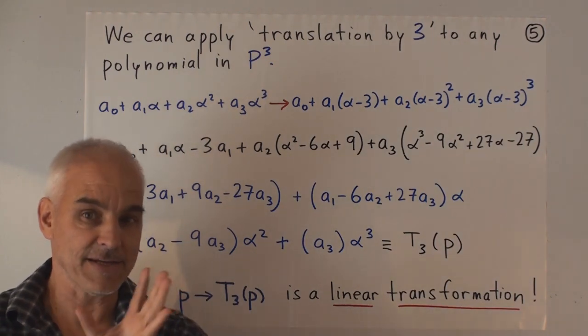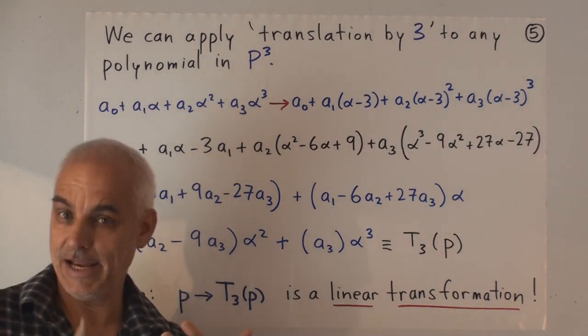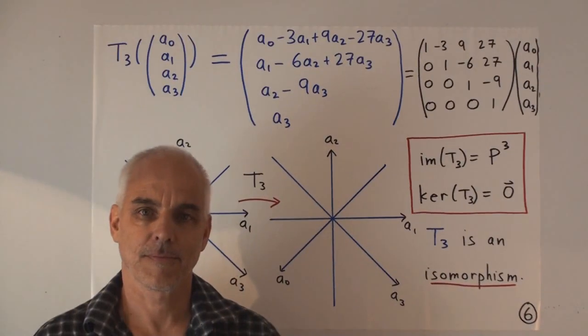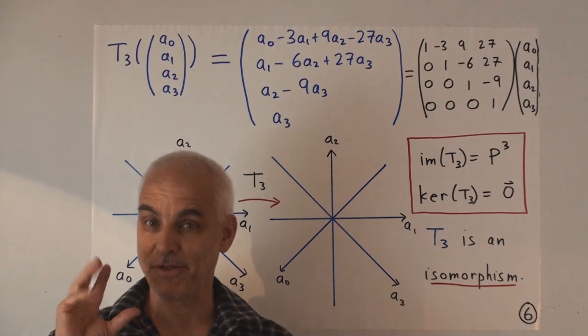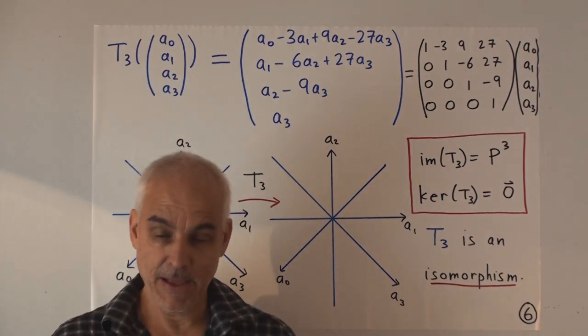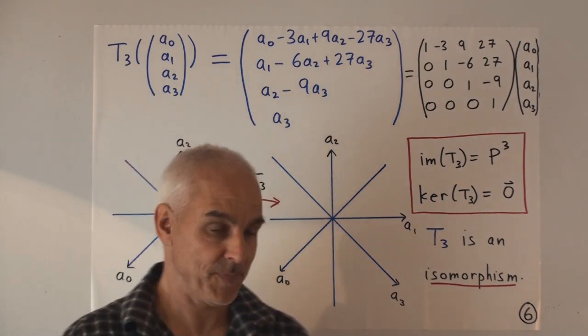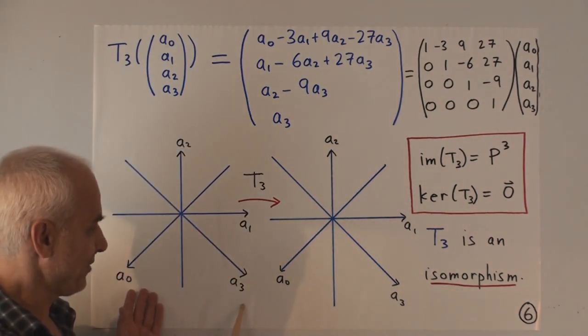So let's write this linear transformation in our preferred form, in a matrix form. So in our minds, we can think about this translation by 3 as a transformation of this four-dimensional space of polynomials. So here's a picture for that.